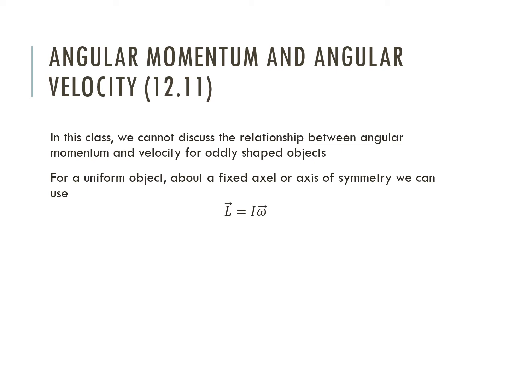So angular momentum equals moment of inertia times angular velocity. You can use this equation if you have a nice symmetrical object, which again, in this class, we are going to be dealing with. So there are going to be some opportunities where instead of using r p sine beta, we can use I omega instead. It's going to be very question dependent.